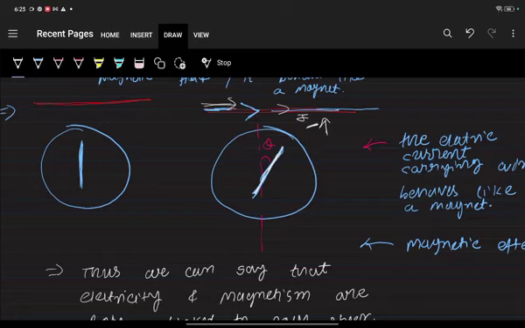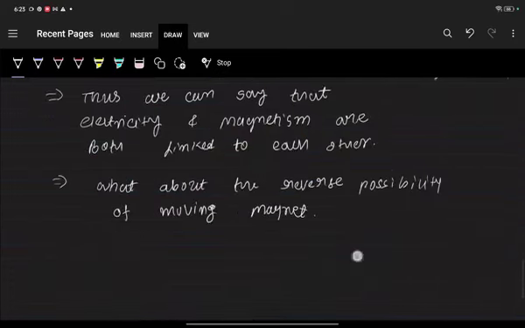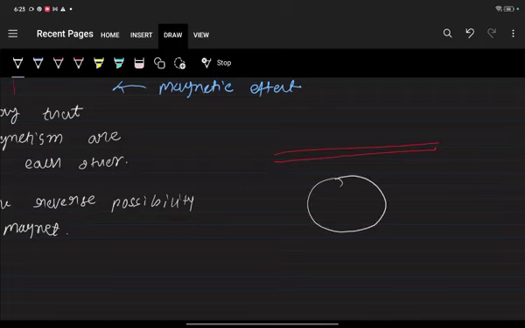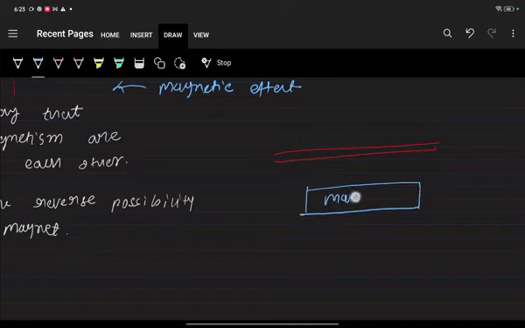Yes, sir. So what about, let's say there is an electric wire, and you move a magnet. This is our magnet, and this is our wire.